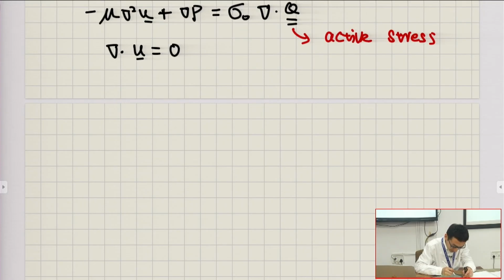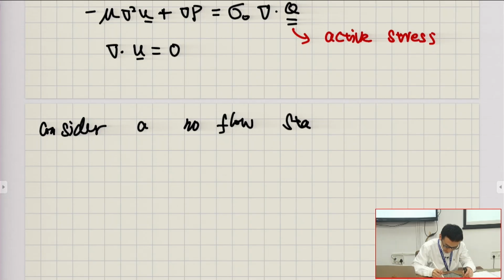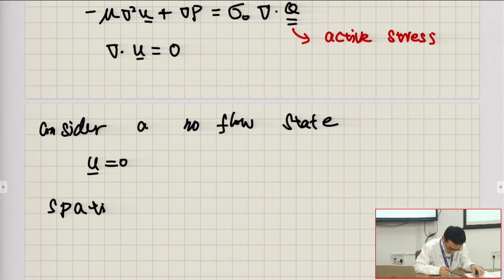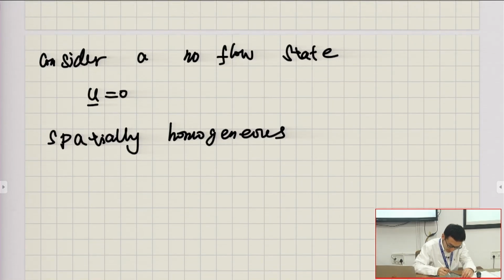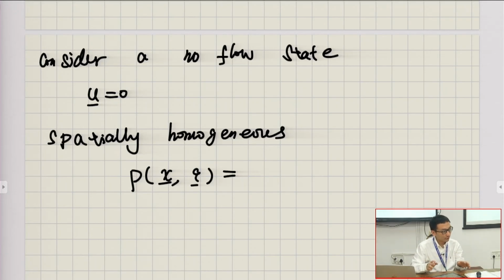So consider a no flow state, meaning U is 0, and also spatially homogeneous. Which means that the probability distribution is only a function of the orientation. That's an assumption. We're trying to seek solutions of this form.